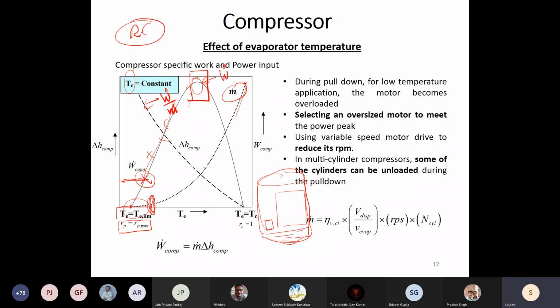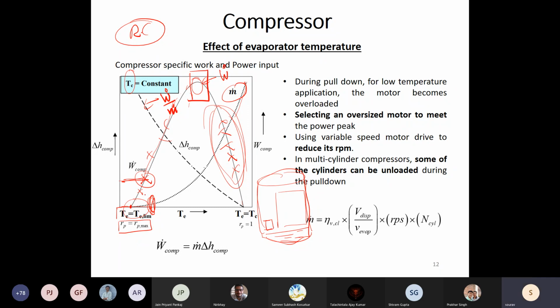Whereas in your ACs, you will typically operate somewhere here. Okay. So that's why they will say that if you go to lower and lower evaporator temperatures, the manufacturer will say you will consume more work. Because you are on this side of the curve. Whereas in case of a domestic refrigerator, further lowering the temperature will lead to lower power consumption.